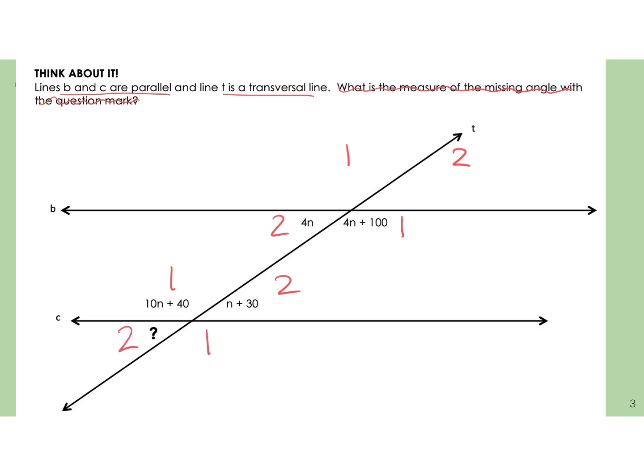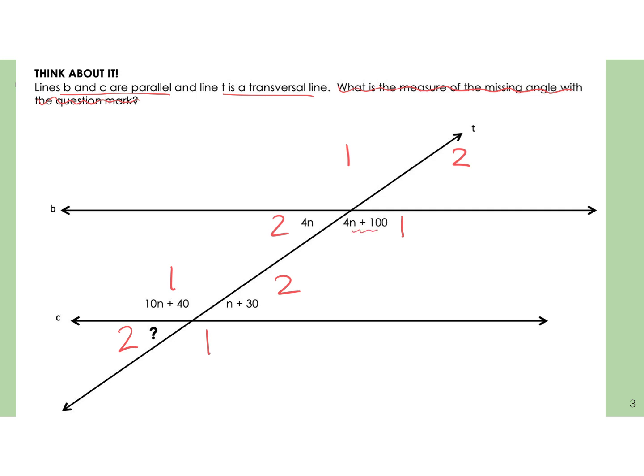So if there's a 1 there, that means it's equal to everything else that has a 1. So if I want to be able to solve for x, I'm going to pick 2 angles that are equal to each other, that means congruent, or I'm going to pick 2 angles that equal 180, that are supplementary. I think it's easier to write congruent ones, so I'm going to see if I have enough information to do that.